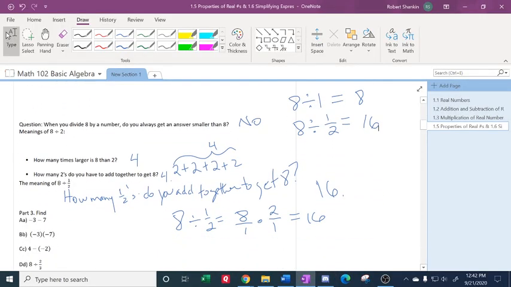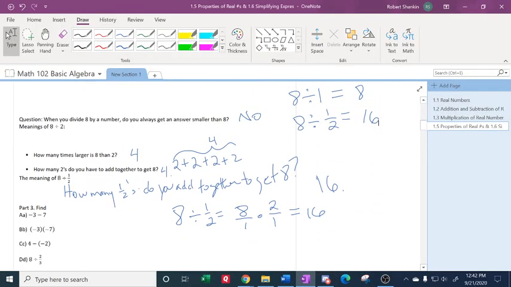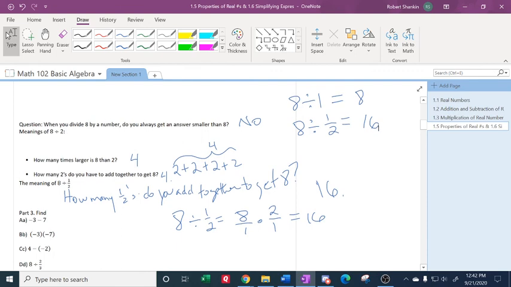Alright, let's go down. Let's do part 3. Do A, B, C, and D. So those 4.